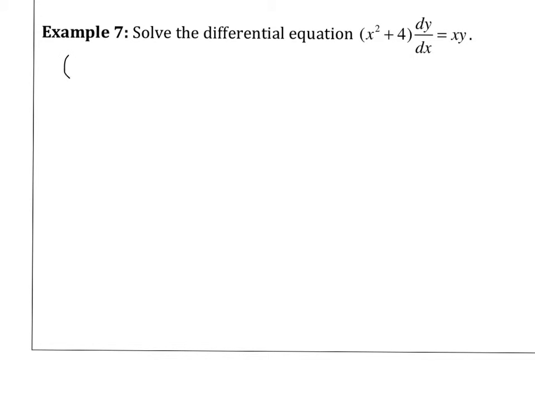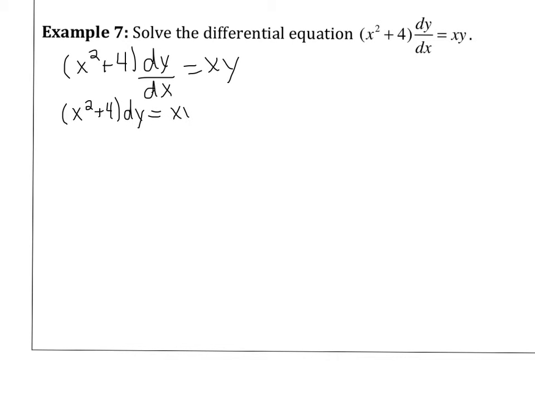Alrighty, we've got x squared plus 4 dy/dx, it's already written as a fraction for us, equals xy. Okay, and since dy is in the numerator on the left, I'm going to want my y terms on the left. So first things first, let's multiply both sides by dx, which will leave me with x squared plus 4 dy equals xy dx.